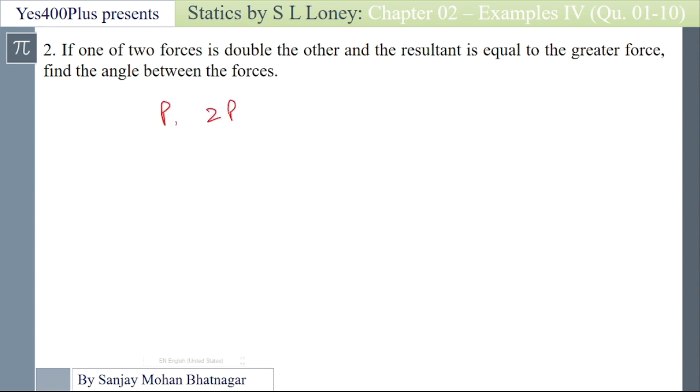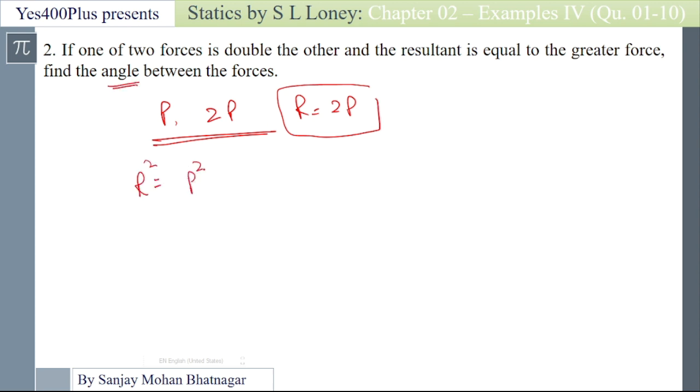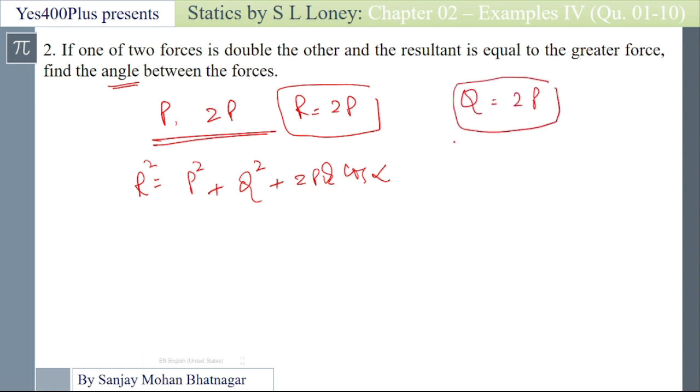Next, if one of the two forces is double the other, so if one force is P, the other force is 2P, and the resultant is equal to the greater force, so R is equal to 2P. Find the angle between the forces. So we know that R square equal to P square plus Q square plus 2PQ cos alpha. Now here we have Q equal to 2P. So this is R square is 4P square equal to P square plus 4P square, 2P and Q is 2P cos alpha.